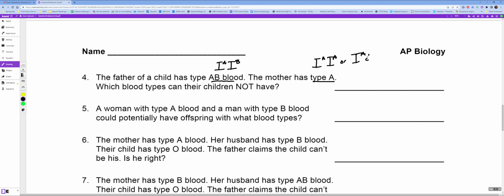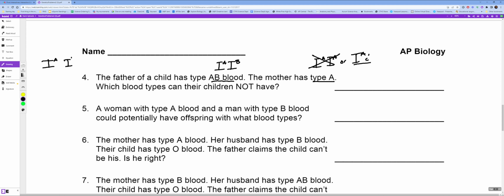However, if I go with the heterozygote over here, IA little i, maybe we'll see something different. So I typically tend to move towards this genotype when I'm asked this type of question, because it's the most chance that I can have something out of the ordinary happen, right? So let's cross these real quick, and we're looking at which blood types their children cannot have, right?